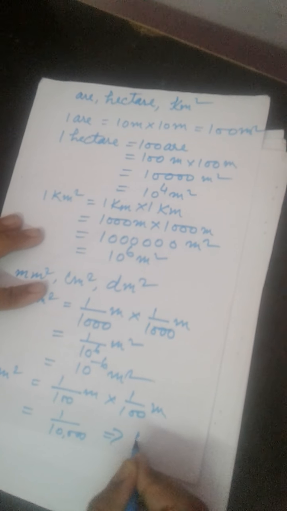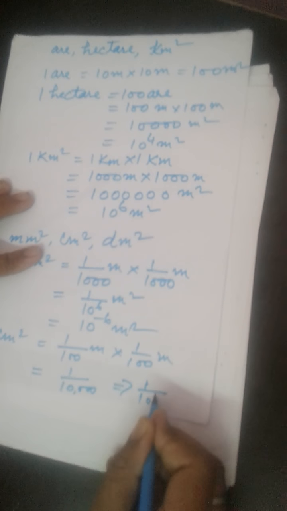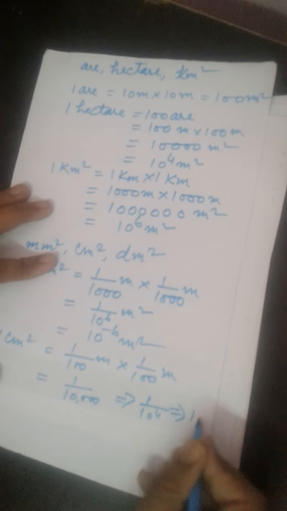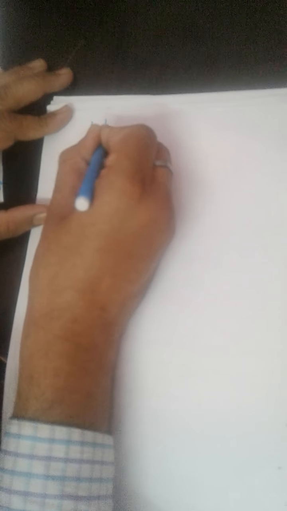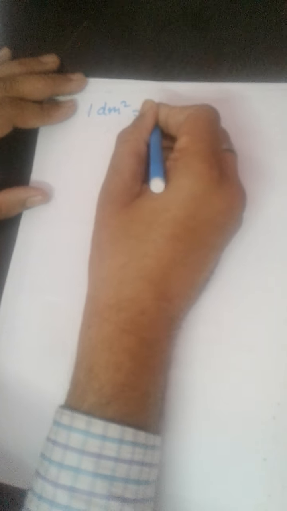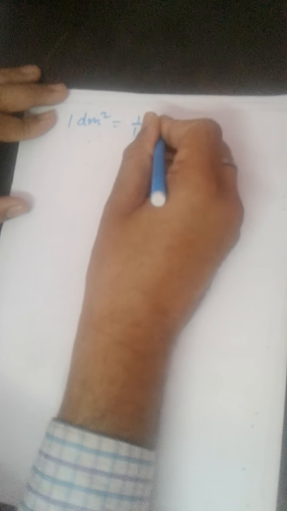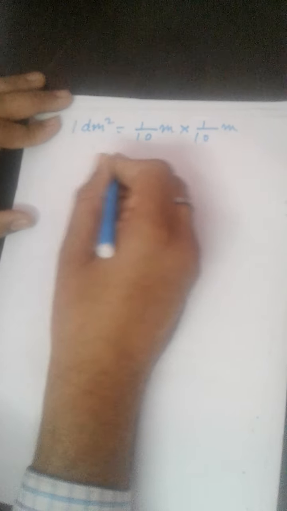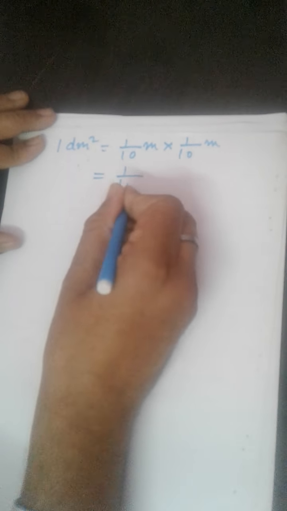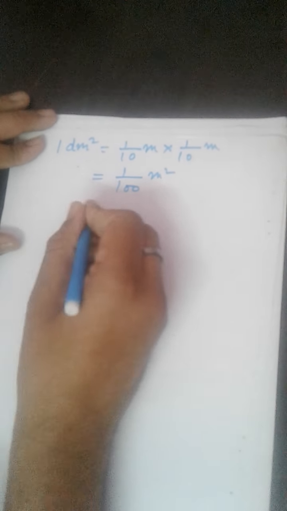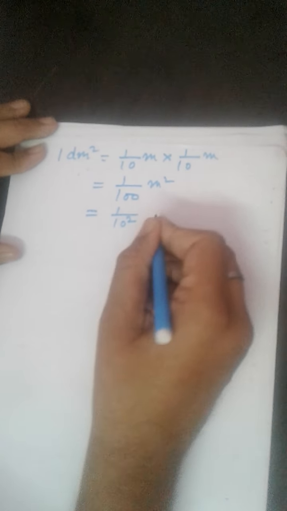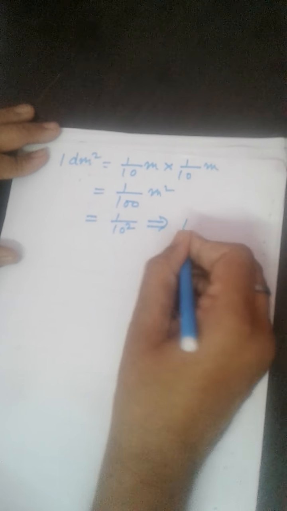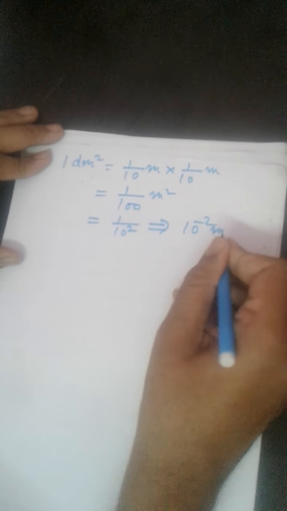This implies 1 upon 10 power 4, which is equals to 10 power minus 4 meter square. 1 decimeter square equals to 1 upon 10 meter into 1 upon 10 meter, which is equals to 1 upon 100 meter square equals to 1 upon 10 power 2. This implies 10 power minus 2 meter square.